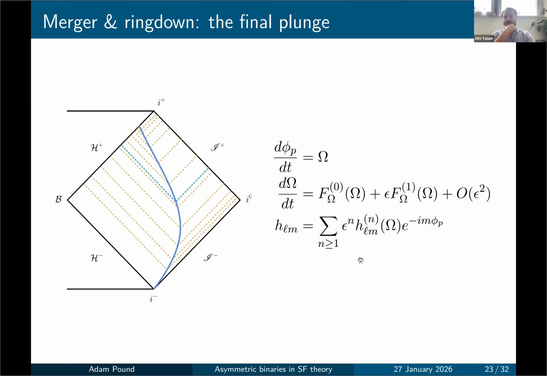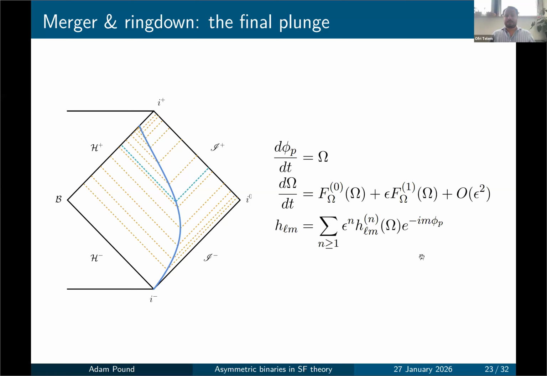Why not use a Laplace transform instead of a Fourier transform, because it's conservative in the plunge? So the zeroth order motion is conservative, yes, but we're capturing dissipative effects in everything else here.